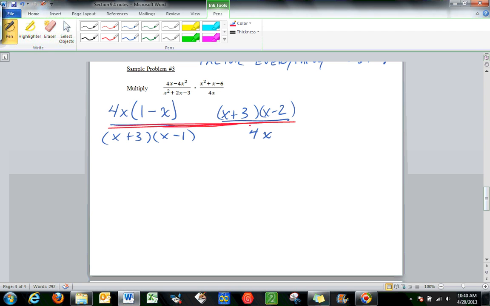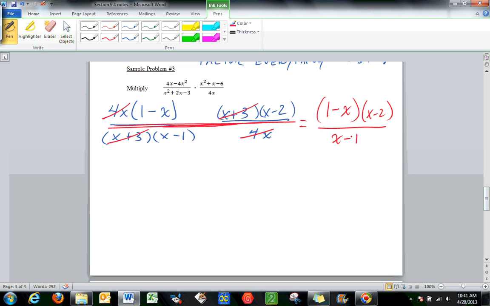And so anything over here can cancel out anything over here and vice versa. So let's take a look at that. We have a complete 4x and a complete 4x that can cancel out. We have an x plus 3 and an x plus 3 that can cancel out. And that's going to leave us with a 1 minus x, an x minus 2 on top, and then an x minus 1 on bottom.